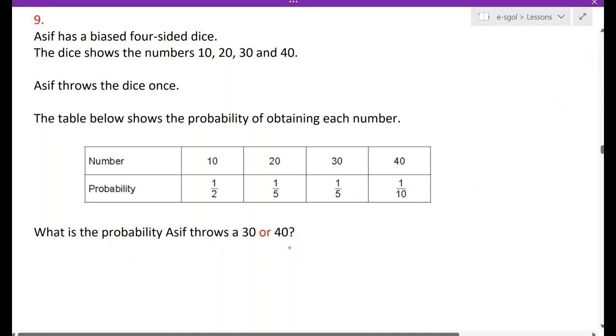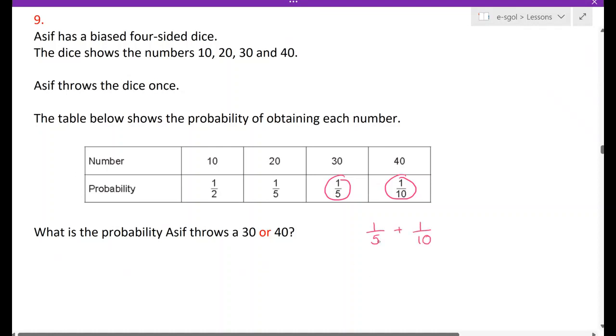Now this is slightly different because with this, it's what is the probability he throws a 30 or a 40? Well, the chance of him throwing a 30 is 1/5 and the chance of him throwing a 40 is 1/10. And the chance of him throwing a 30 or a 40, you just add those probabilities together. So I'm going to do 1/5 add 1/10.